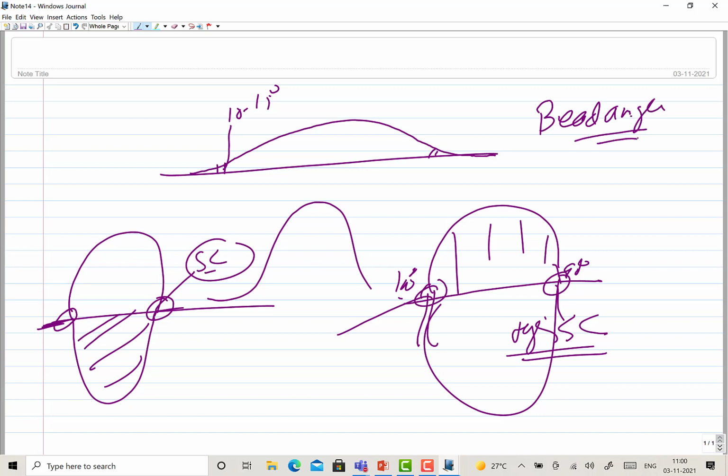Okay, now another one is where you have developed the weld bead and it's very rough.